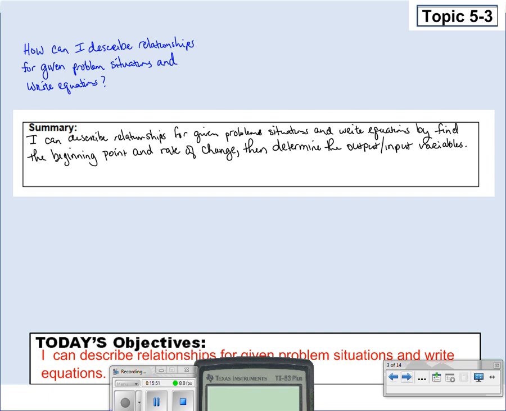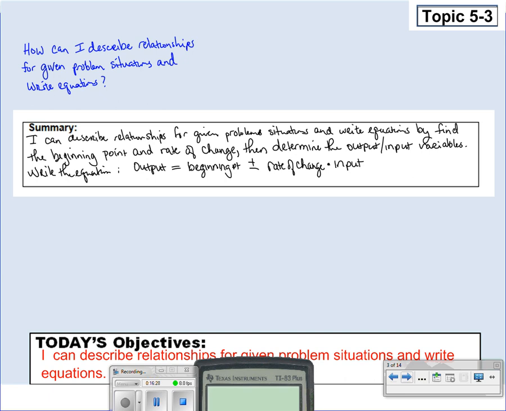With that information, we can write our equation, because now we can write the equation by starting with the output, it's outside, equals our beginning point plus or minus, depending on if we're increasing or decreasing, our rate of change times our input variable.